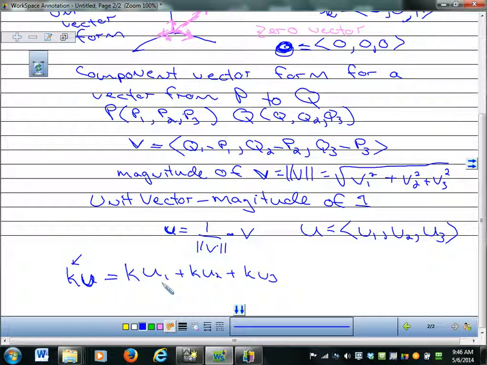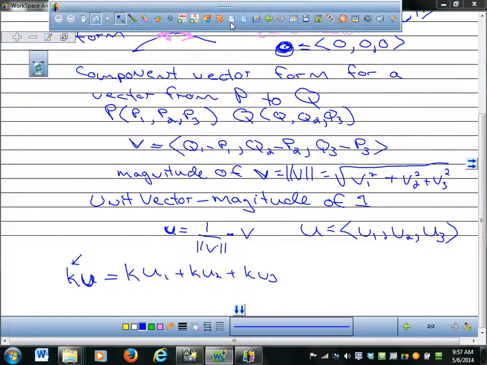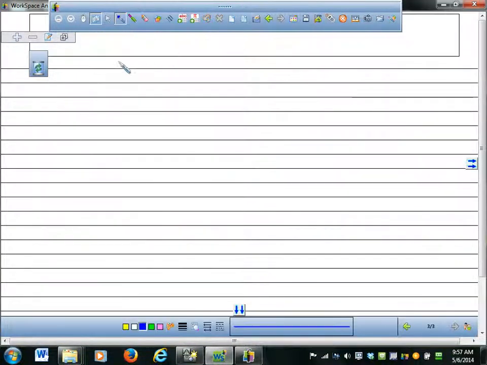We'll just do an example. It's a new page. And then we'll do a dot product.